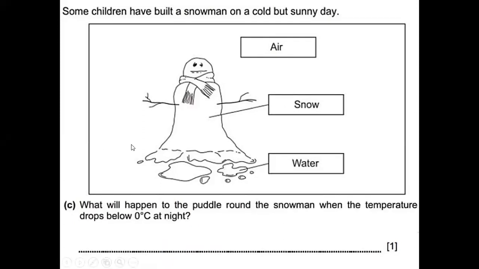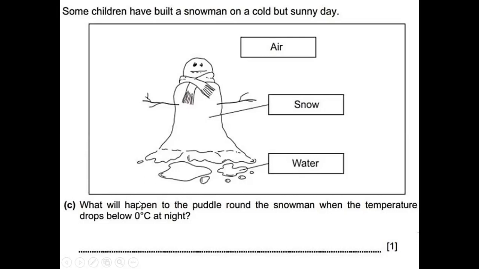Number three, for the same question, what will happen to the puddle around the snowman when the temperature drops below 0 Celsius degrees at night? Puddles are spots of water that were melted. What do you think will happen to these water puddles?